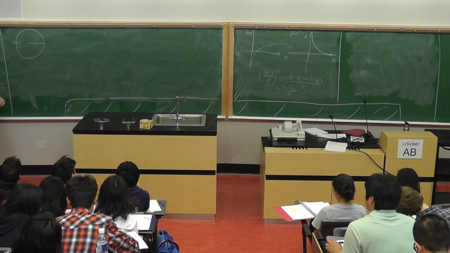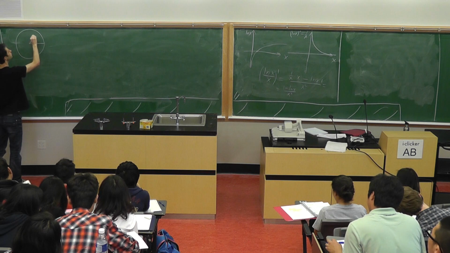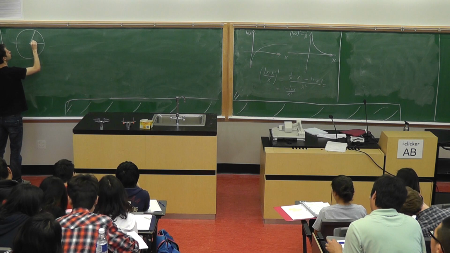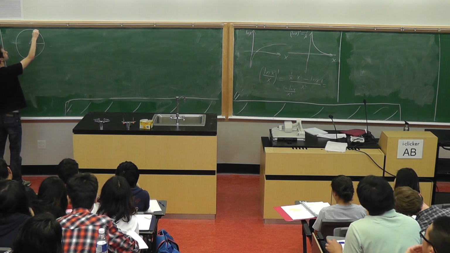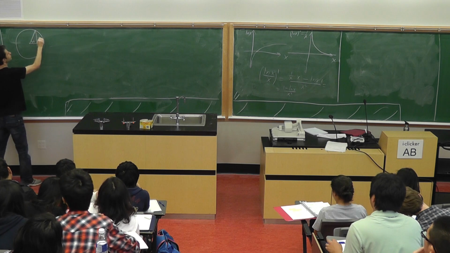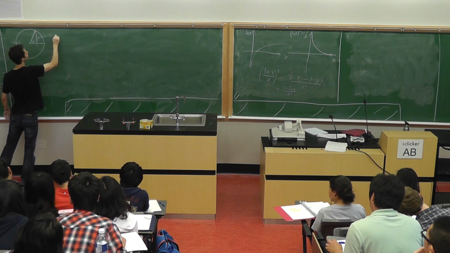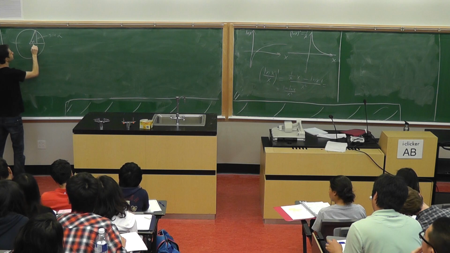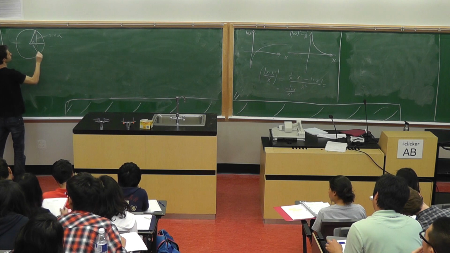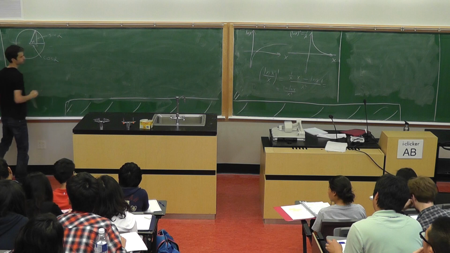If you have a circle with radius 1, and you have some angle alpha, this height is called the sine of alpha. This horizontal distance is called the cosine of alpha.